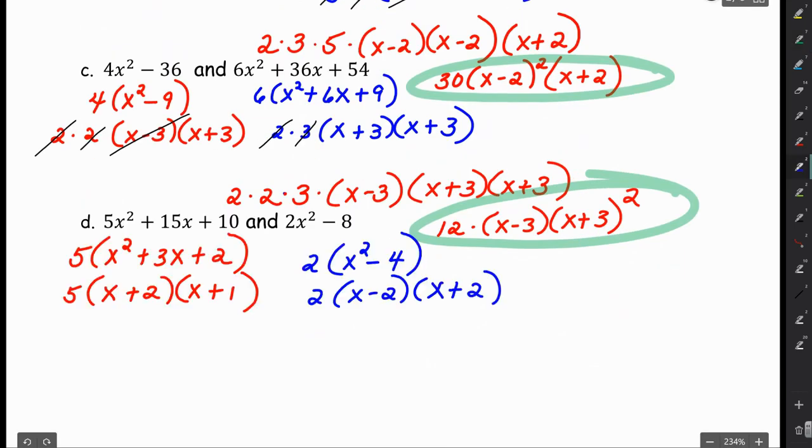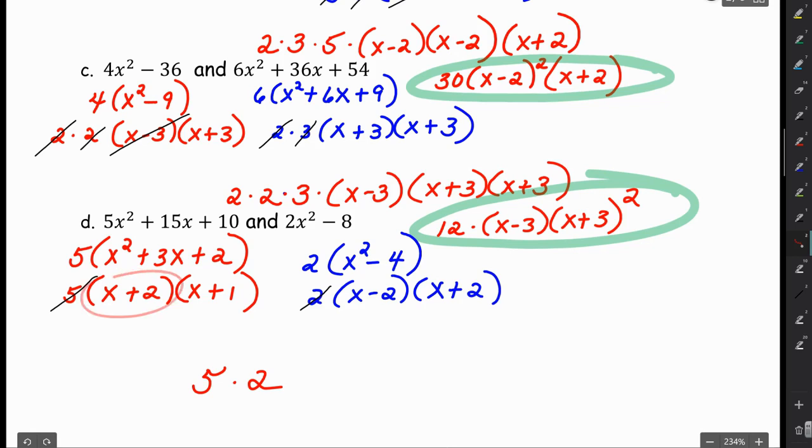Last one. All right, now we're going to write our least common multiple. So we have 5. We have a 2. We have x plus 2.